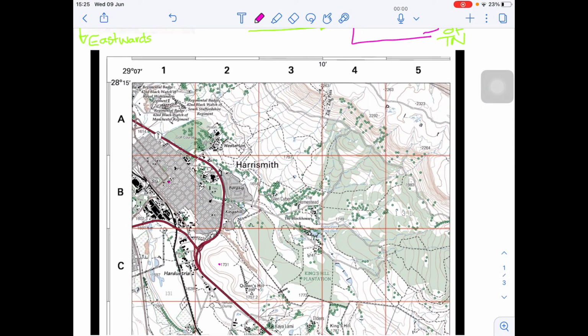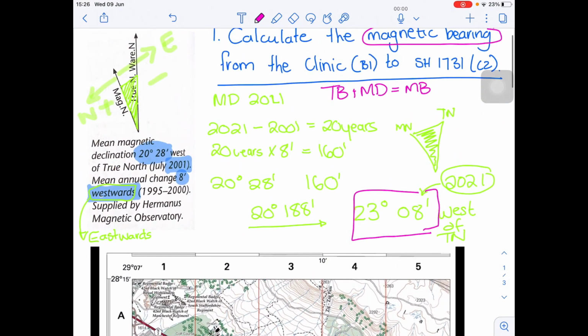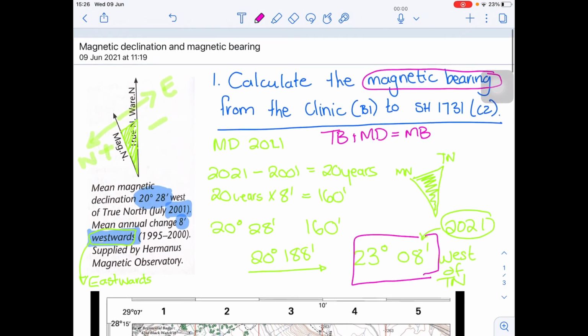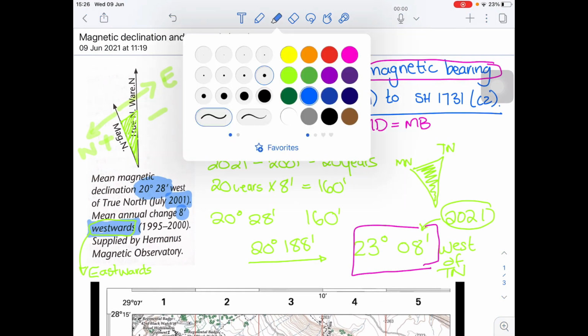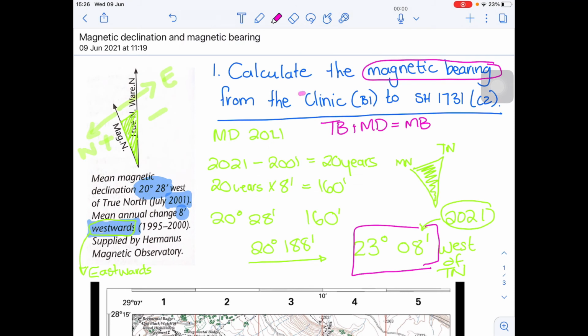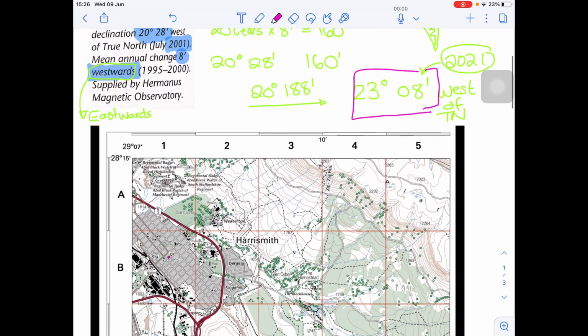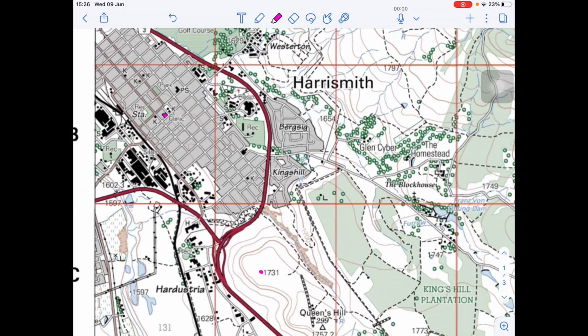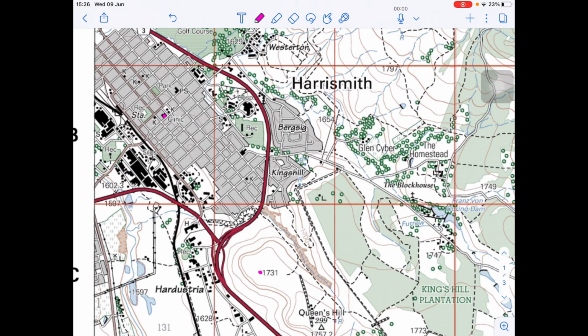So we know we are going to measure as our starting reference from the clinic. That is our starting point. And I always tell you to highlight the place where you're going from as a reference for yourself to know that that is where your starting point is. So that is where we're going to have our north reference, and that is our true north reference because we're doing true bearing.